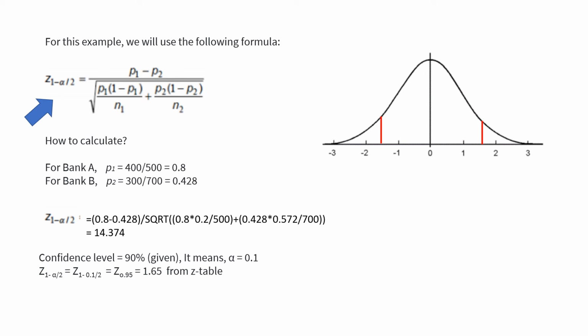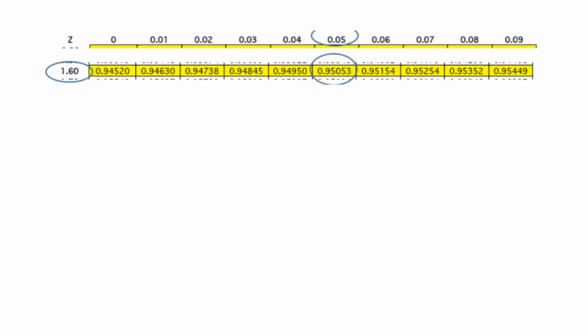So we look at the Z value over here. The Z value for 1.65 is 0.95, which means 95.053% of the area under the curve is on the left hand side of 1.65, as far as the standard normal curve is concerned.